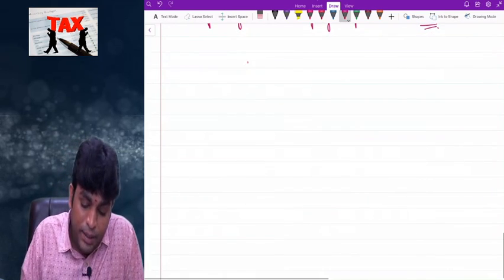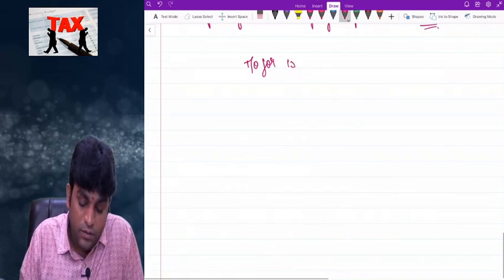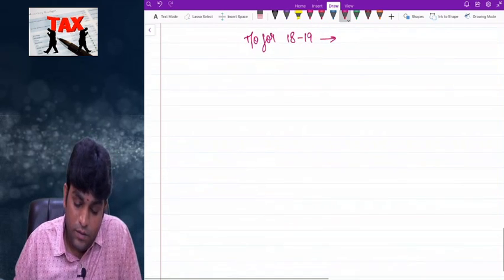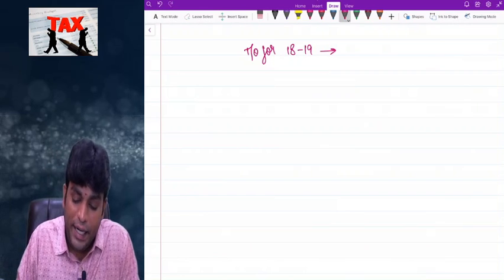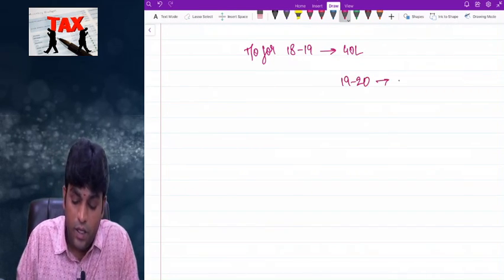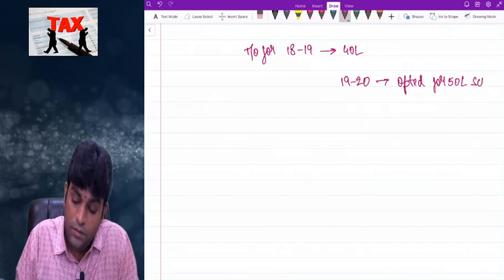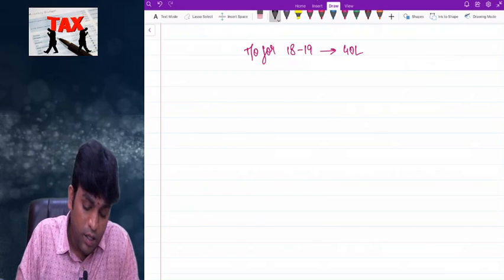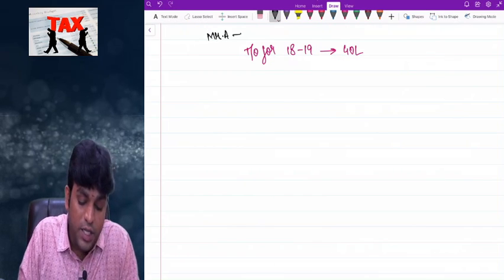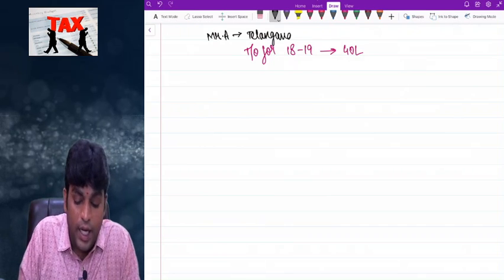So let's take an example. Turnover for 18-19 is, for example, let's say 40 lakhs. Let's say there is one person, Mr. A, and Mr. A is in Telangana state.